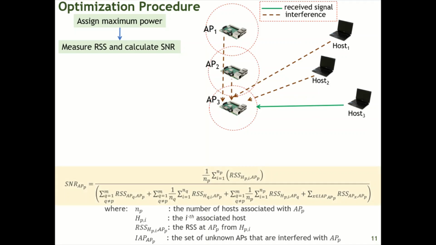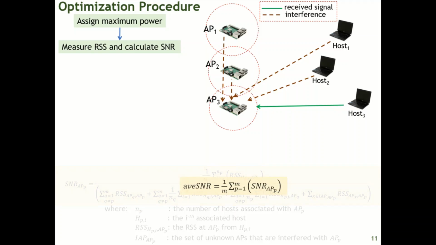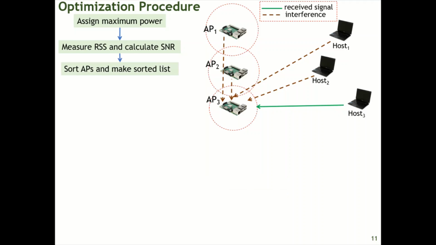For that, we calculate the SNR by using this formula. And then we also calculate the average SNR from all the SNRs of the APs. Then we sort the APs in descending order of RSS and make the short list of the APs.